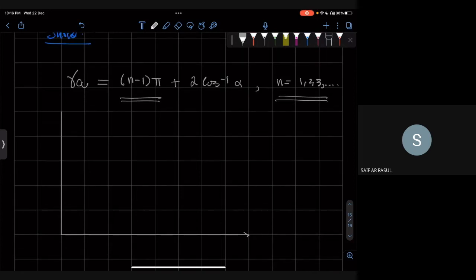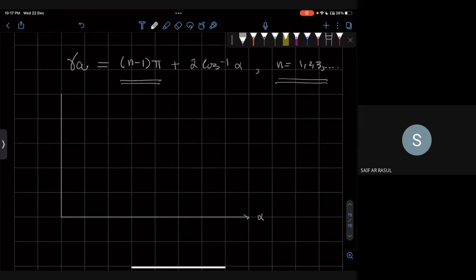So what we see here is that along the x-axis, I plot alpha, and if I look at the right-hand side, I'm going to get several branches of this, and let's draw this.